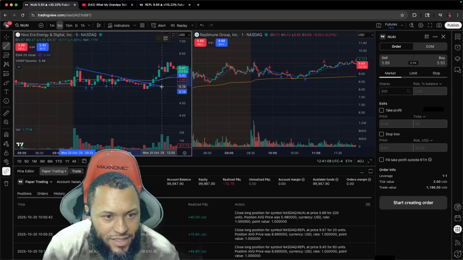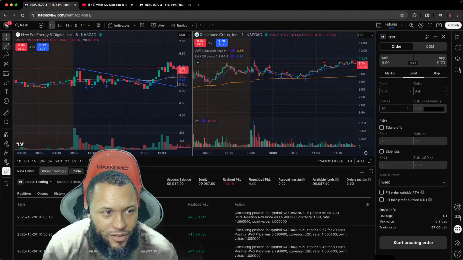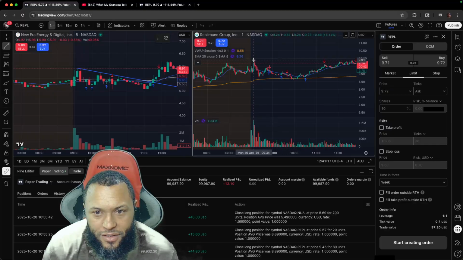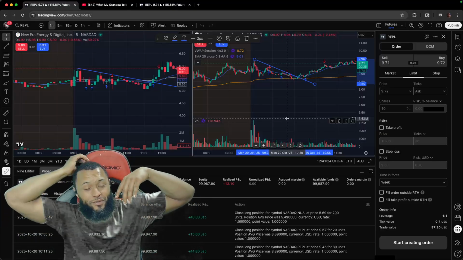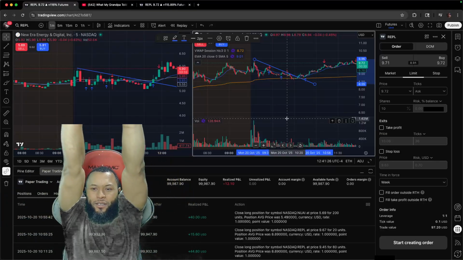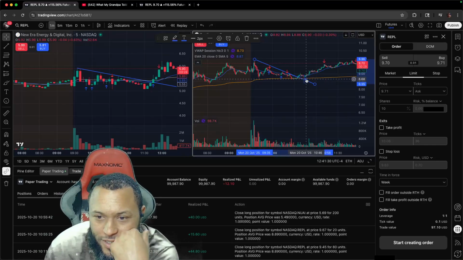How obvious it is that it's breaking out of the downtrend with the trend line. Same thing on REPL over here. I might have to throw that on there tomorrow. Help me out a little bit, just to maybe give me a little more perspective on the trend. But yeah, this entry right here is almost perfect.